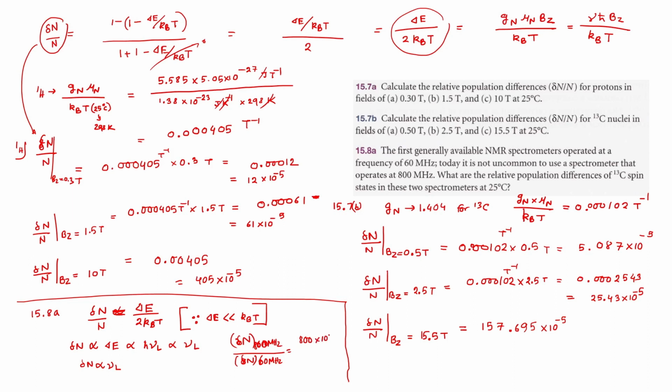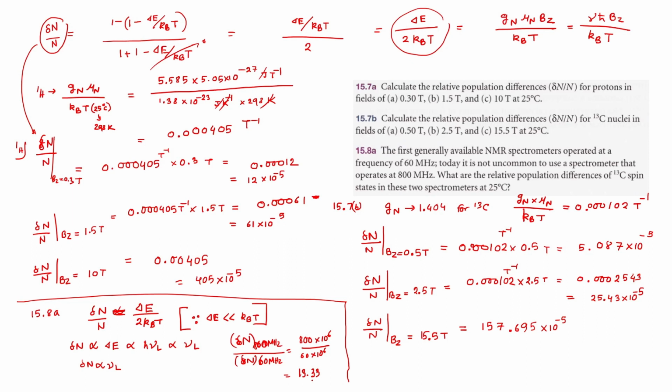You can write it like this, right? Which is coming as 13.33 some value. Okay, it is coming like that.